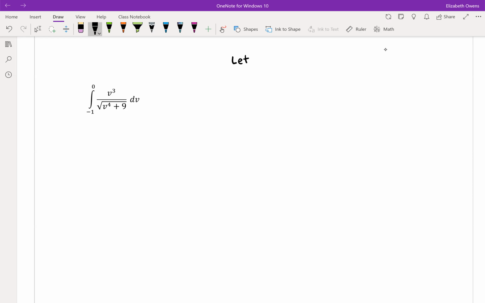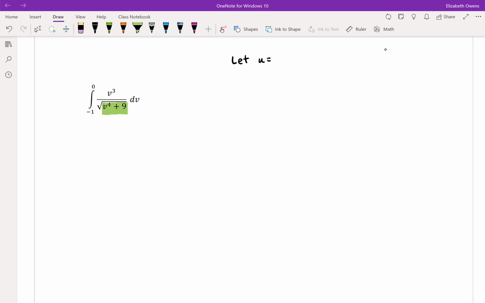So we're going to let u equal some part of this integrand. And thinking about our usual tricks for choosing u, a good place to look is inside parentheses or underneath radicals. So that tips us off to maybe using the v to the fourth plus 9 part of this.